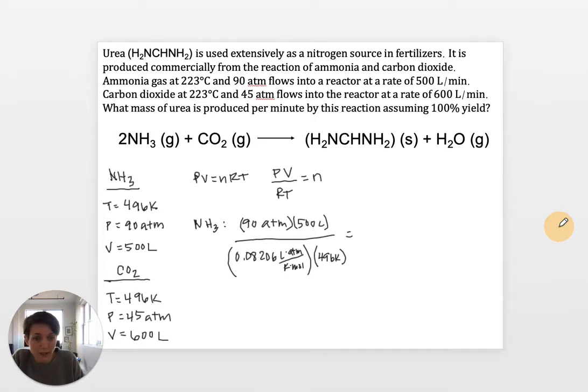Okay, so I get quite a few moles. This is going to be 1,105.6 moles. All right, let's do the same thing for CO2.